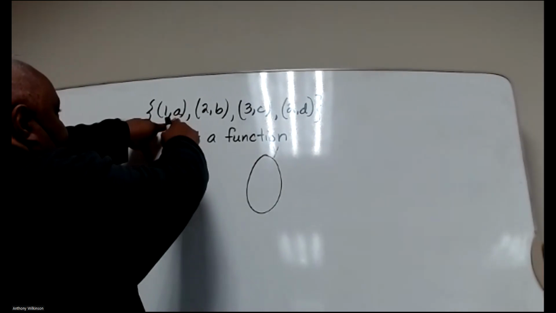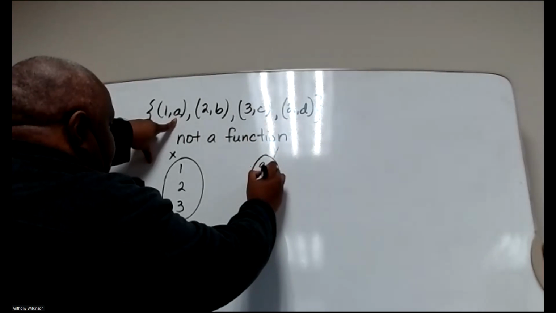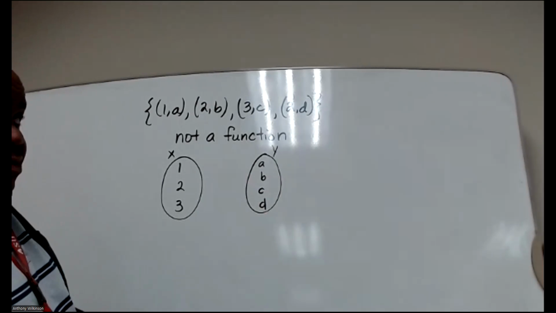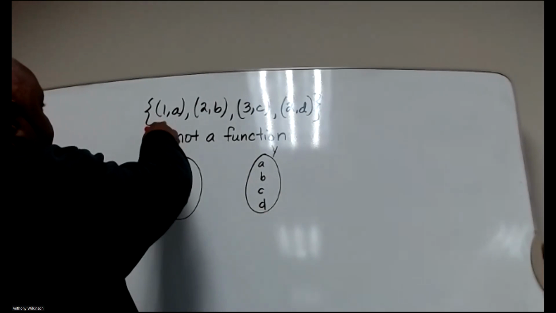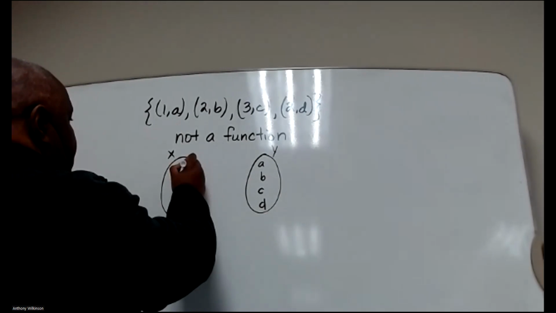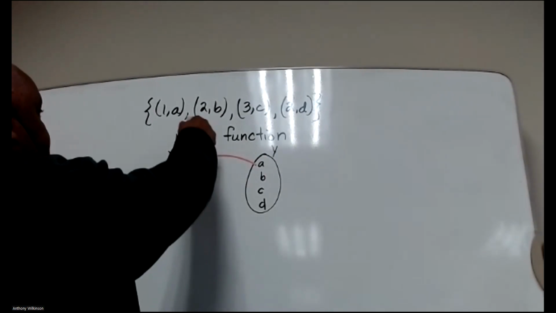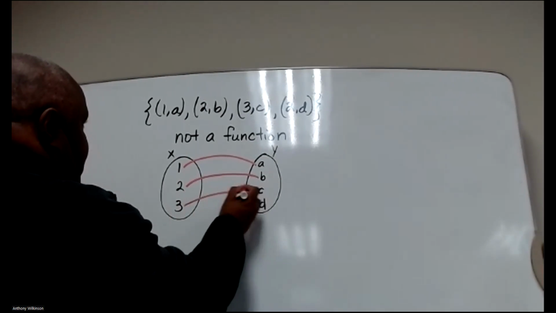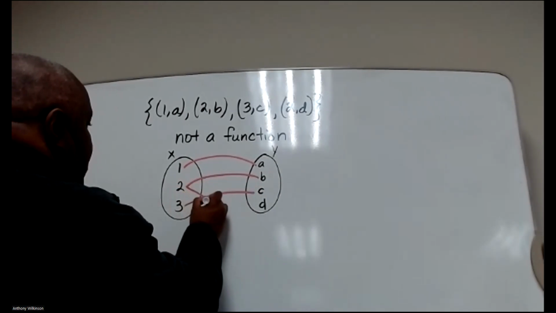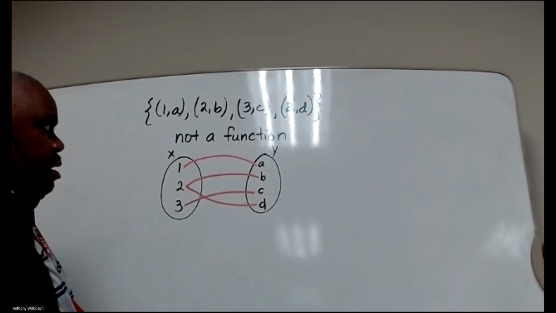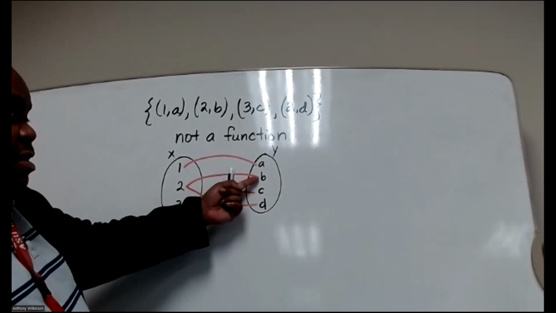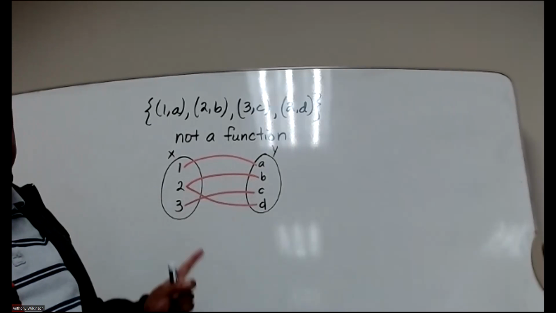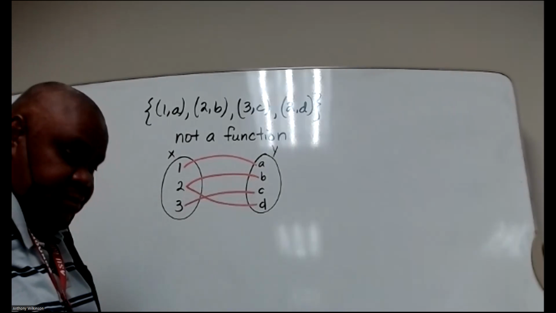And then your y coordinates are going to be A, B, C, and D. And then start mapping those. 1 is paired with A, so here we can map 1 to A. 2 is paired with B, so 2 goes to B. 3 is paired with C, so 3 goes to C. 2 goes to D. As you can see here, that 2 is going to 2 different letters, B and D. So that's why this is not a function.